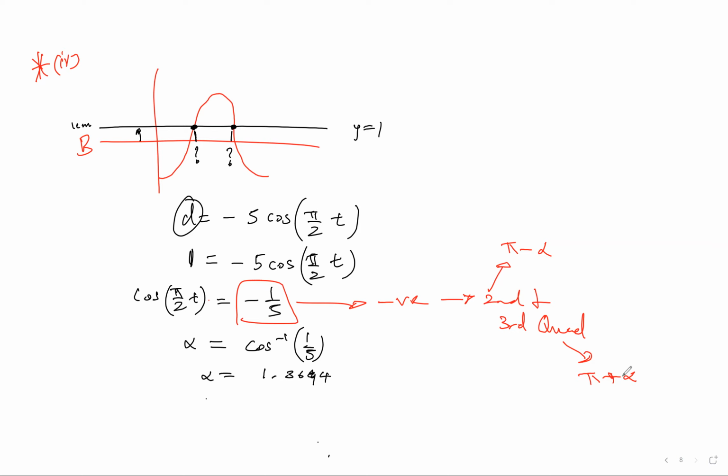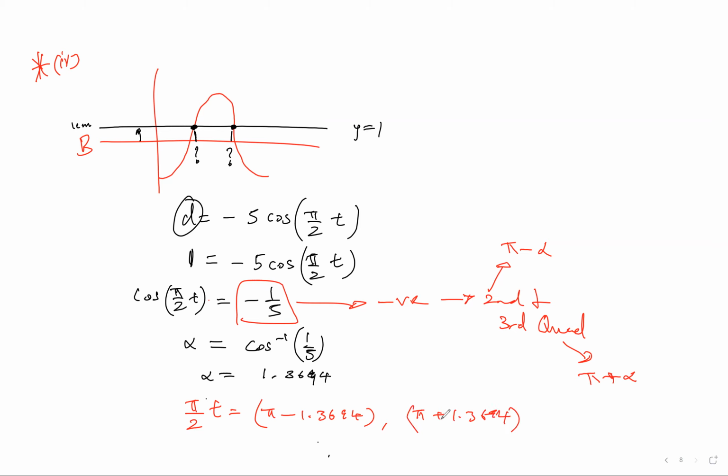So pi over 2t is equal to, okay, based on your textbook, they never give you the final answer. So minus 1.3694, and you have another value, pi plus 1.3694.